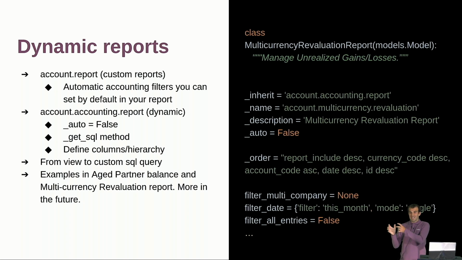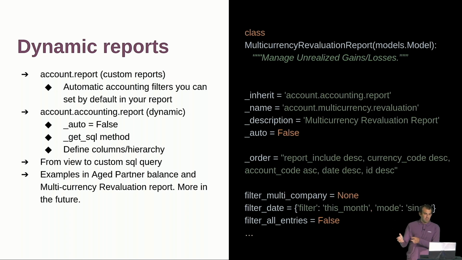And that's what's good now with the new thing, what I called the dynamic reports, is that you can combine both good things. You define the SQL, but you can define it not like a static view. You can define it already with some parameters in it.